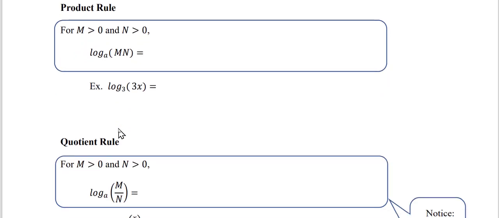First, the product rule. For m greater than 0 and n greater than 0, log base a of m times n is log base a of m plus log base a of n. What this really comes down to is the rules that we have for exponents.